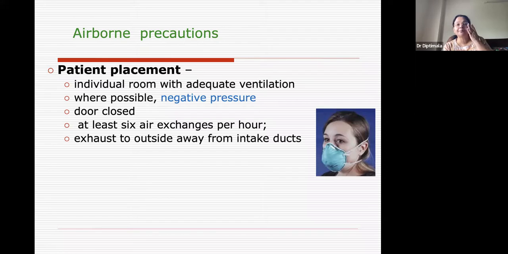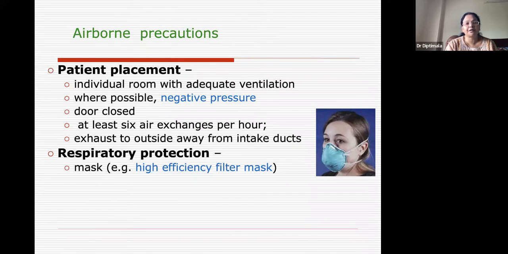Such patients should be kept in an individual room with adequate ventilation, preferably a negative pressure room if it is available. Keep the door closed. There should be at least 6 air exchanges per hour. Exhaust has to be outside, away from the intake ducts.